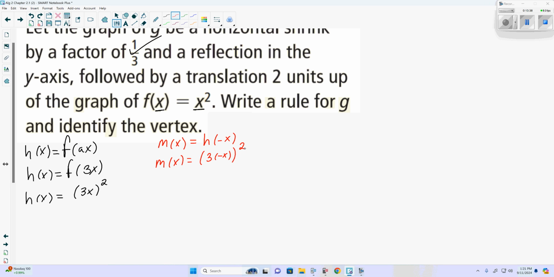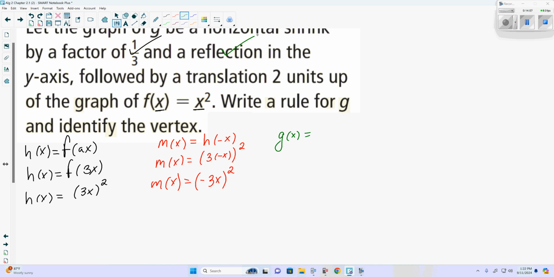Questions on this here? What's 3 times negative x? It's just negative 3x. Reflection in the y-axis, done.